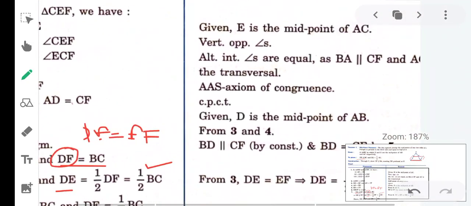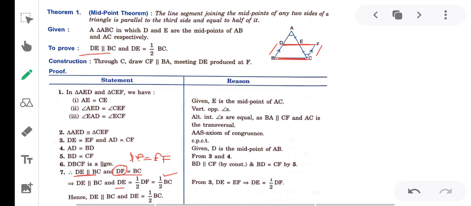So we have proved that DE is parallel to BC and DE also equals half of BC. That is the midpoint theorem: the line segment joining the midpoints of any two sides of a triangle is parallel to the third side and equal to half of it.